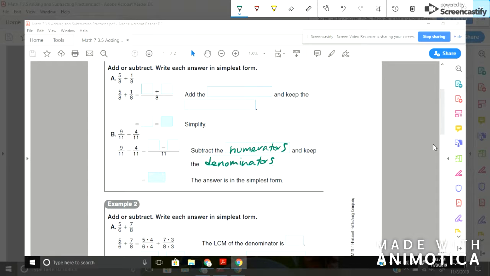So notice here how we kept 11 because it's common, and then we just take 9 minus 4 to give us 5/11ths. And 5 and 11 don't have anything more in common besides 1, and so then it's in simplest form. And so 5/11ths would be our final answer.